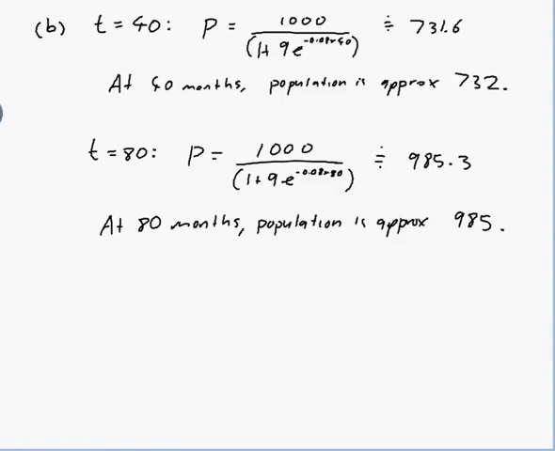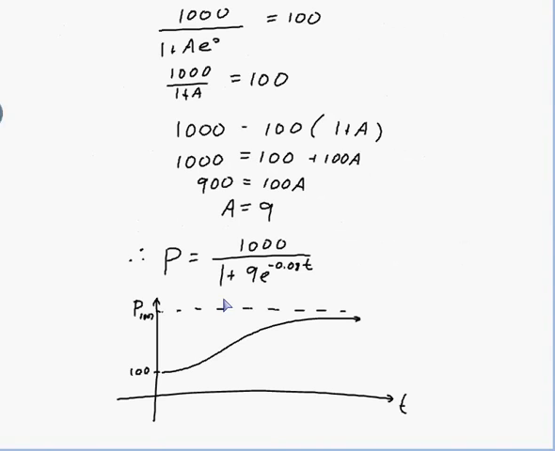Alright, what about part C? What is the limiting population? Well, I already wrote that down. The limiting population is 1000. And you can see that actually from the graph as well. If you look back at the last page, when I drew the picture, the way that this formula works is that the function will approach the line where L is.